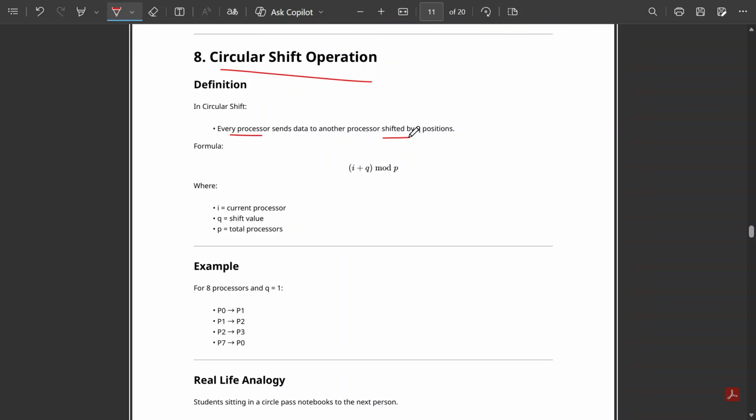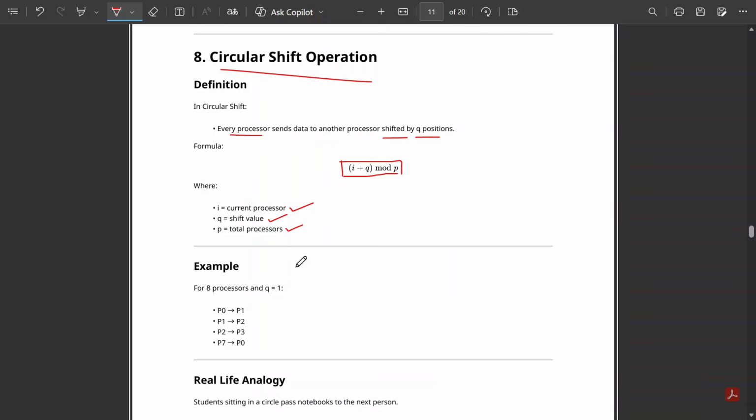Here the fixed number of positions is defined by the letter Q. This is defined by the mathematical expression (I + Q) mod P, where I is the current processor, Q is the shift value, and P is the total number of processors.